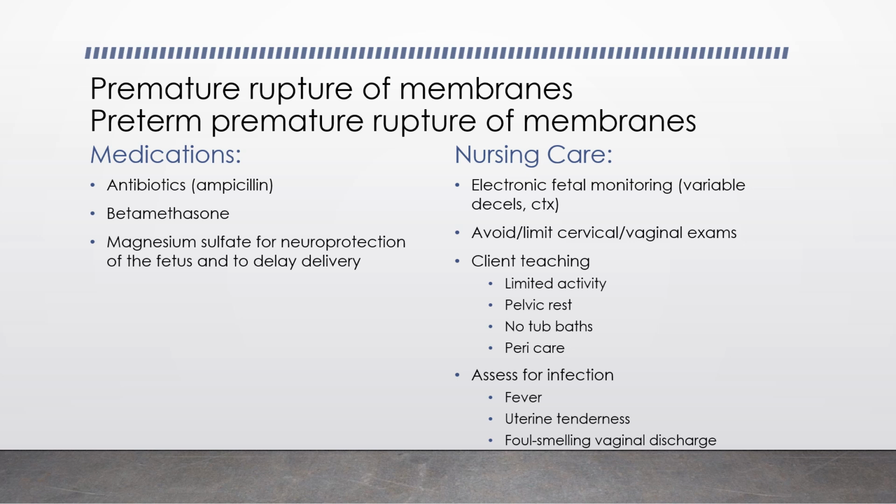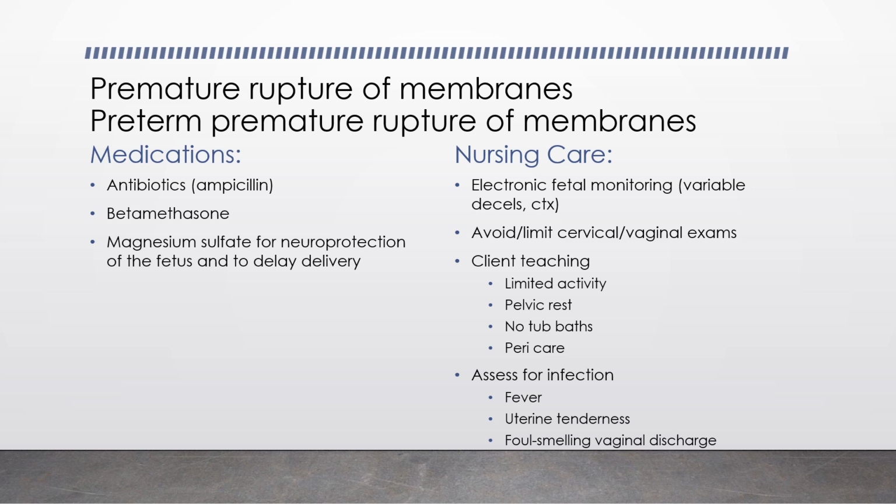We'd also want to monitor for contractions and let the provider know if the client is starting to have regular contractions. We want to avoid or limit cervical or vaginal exams because every time we go in there to do an assessment, we're increasing the risk of infection of that mom, that chorioamnionitis or fetal infection.